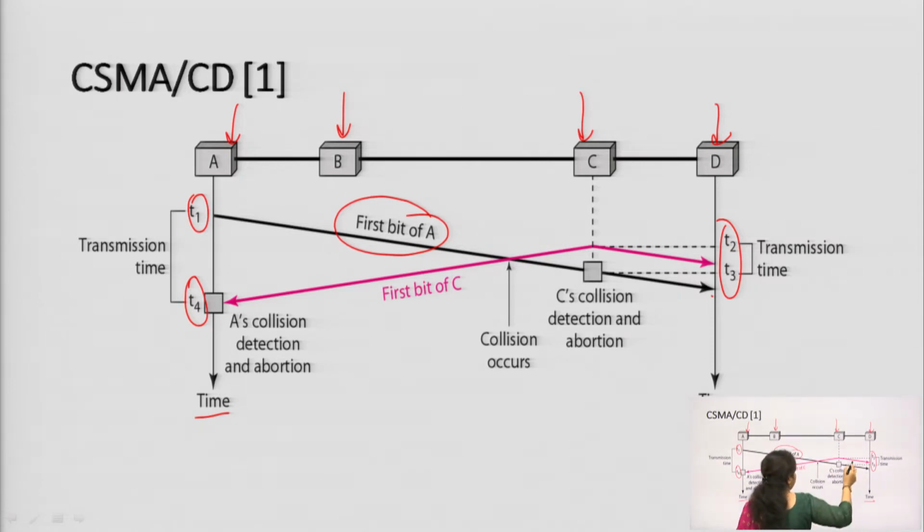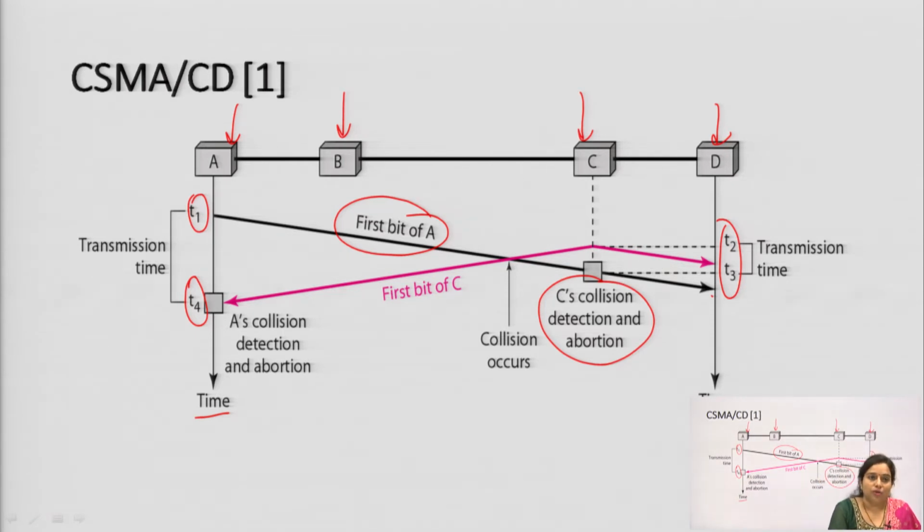Now, at this point you can see C's collision detection and abortion. Collision detection means whenever any collision has taken place. Collision means there is a loss of information, it has not reached its allocated receiver.